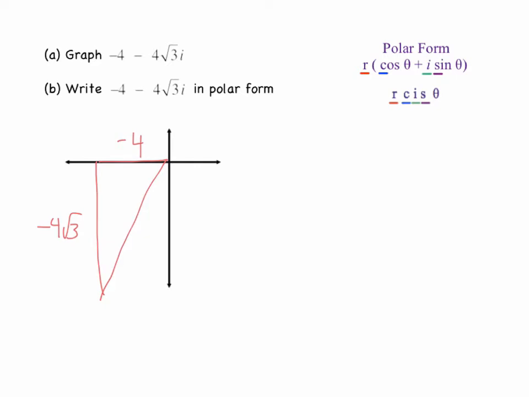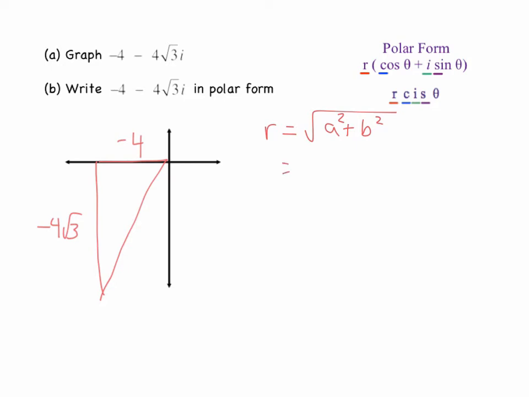There are two ways to tackle this problem. One, if you did not recognize that this is a 30, 60, 90, which it is, by the way, it certainly is okay to say, well, I know from my notes that r equals the square root of a squared plus b squared.